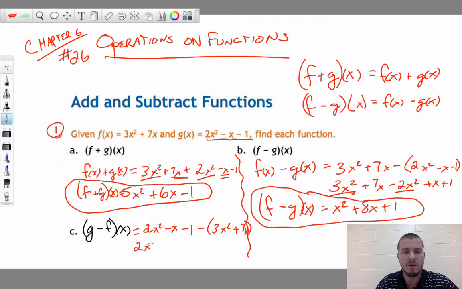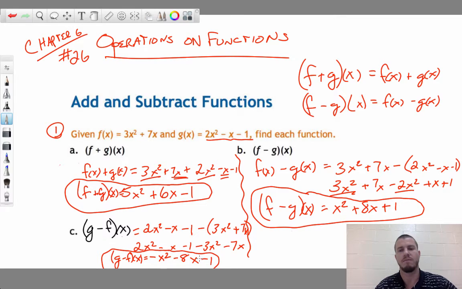So I have 2x squared minus x minus 1, and then distribute that negative, minus 3x squared minus 7x, and combine your like terms. So this becomes negative x squared minus 8x minus 1. And that's it for adding and subtracting.